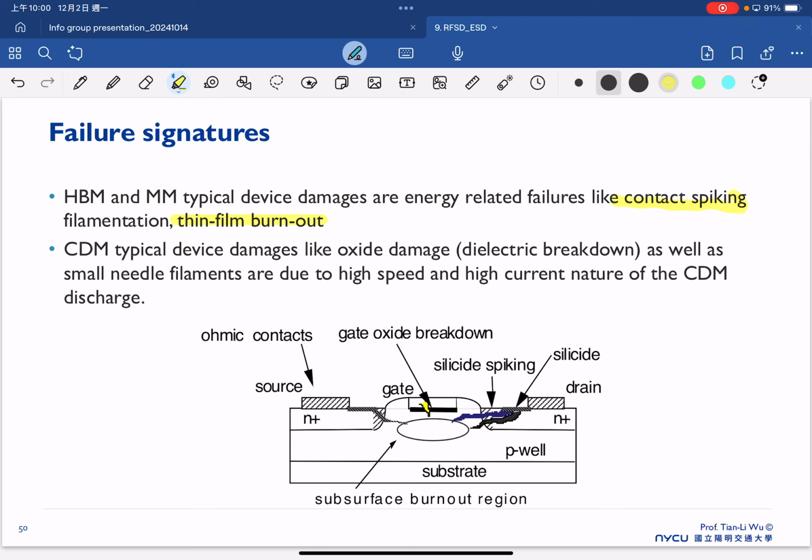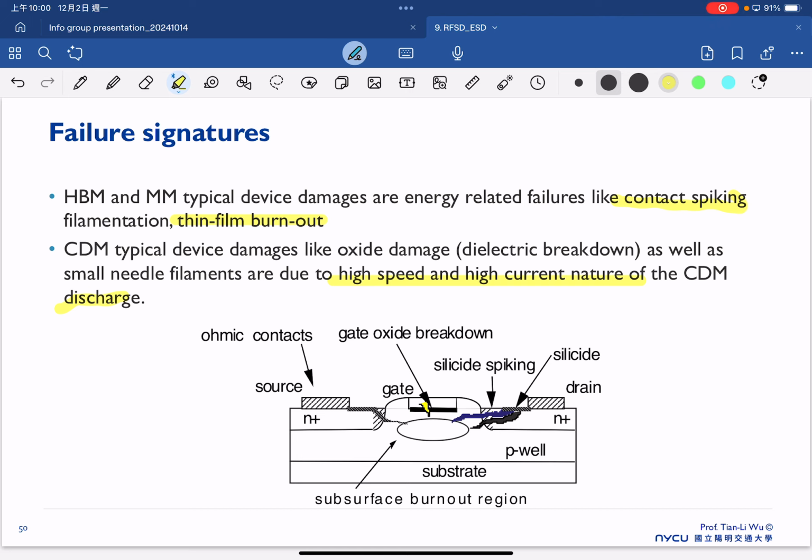But regarding the CDM, we might have oxide damage, for example, dielectric breakdown, as well as some filaments, because the CDM has a high speed, high current discharge. This is something different compared to HBM and MM here.